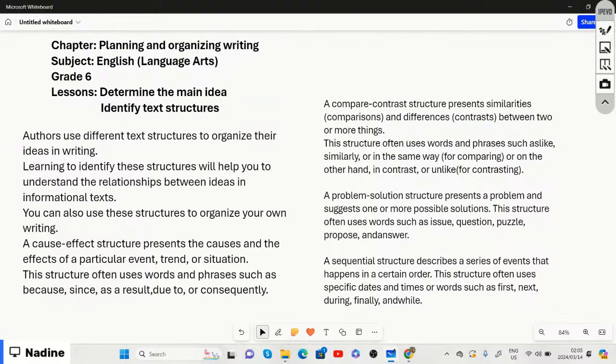So our chapter is planning and organizing writing. Our subject is English Language Arts, grade 6.